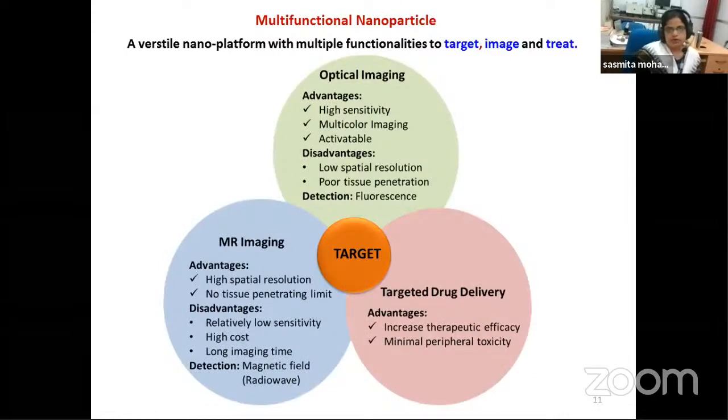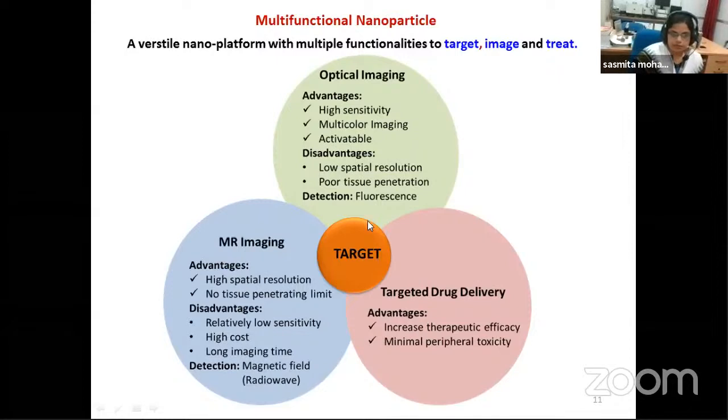Next, with our interest to develop a multifunctional nanoparticle, multifunctional means to develop a theranostic particle by combining optical imaging, targeted drug delivery, and magnetic resonance imaging.